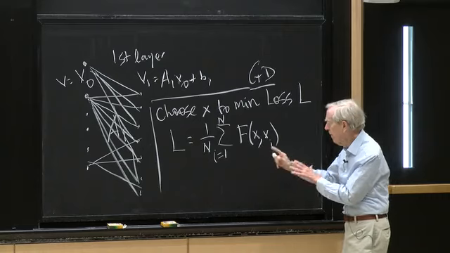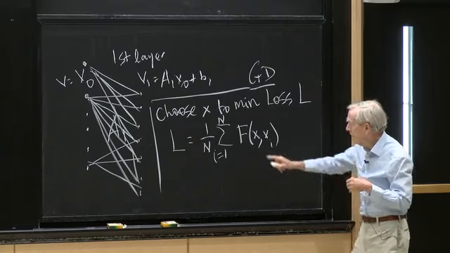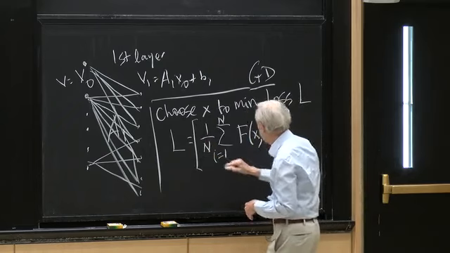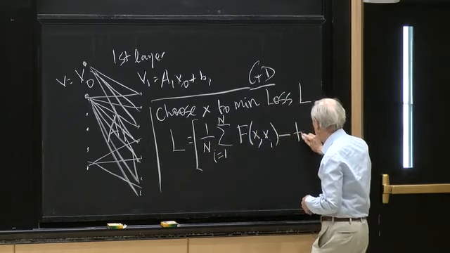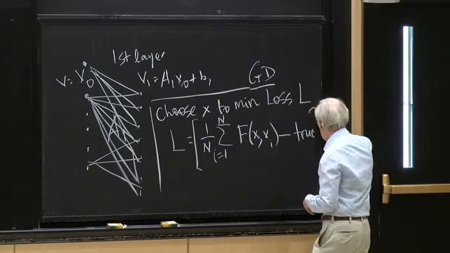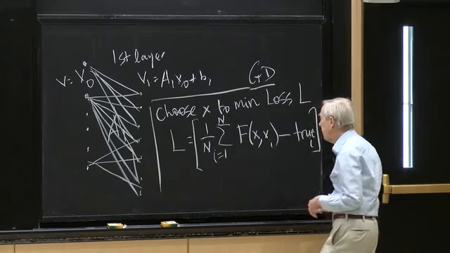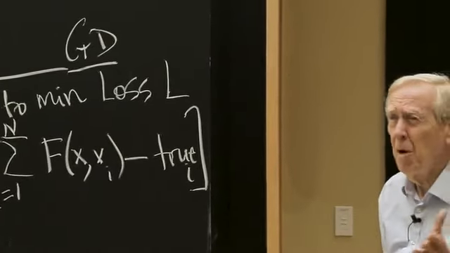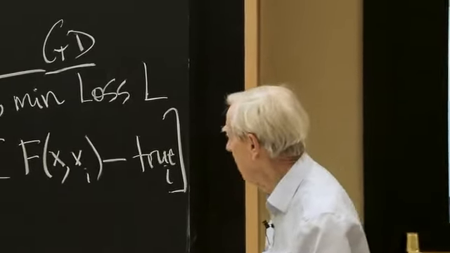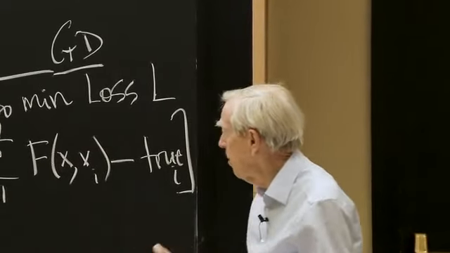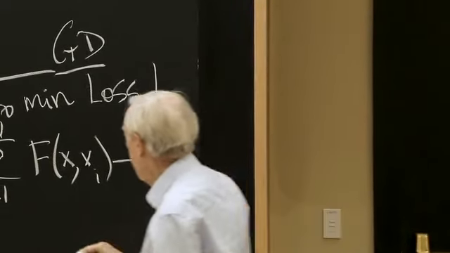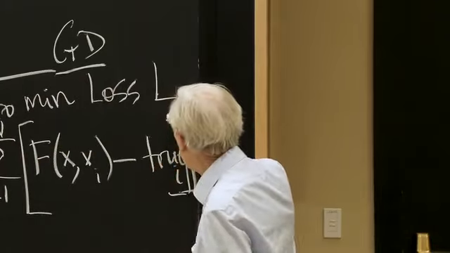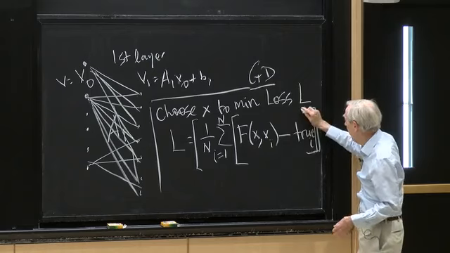Now, I haven't got the loss here yet. There is this function. The loss would be minus the true result from sample i. I haven't got a good notation for that. I'm open to suggestions. So how do I want to write the error? If it was least squares, I would maybe be squaring that.